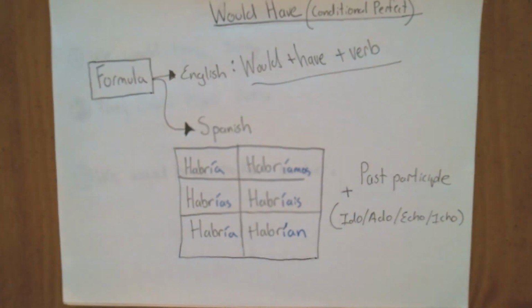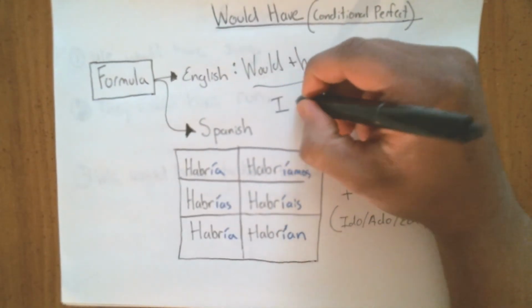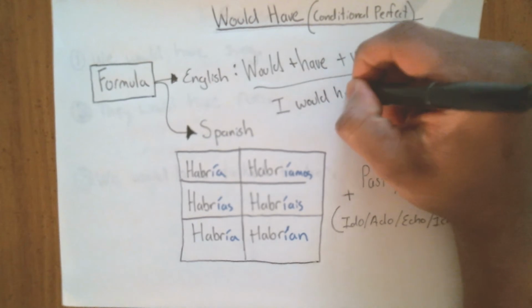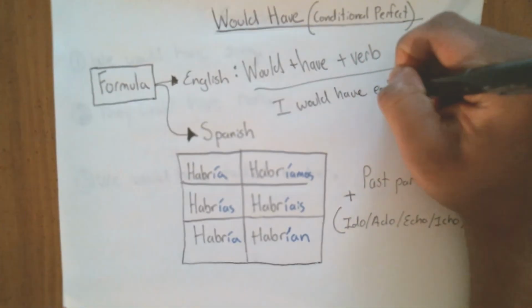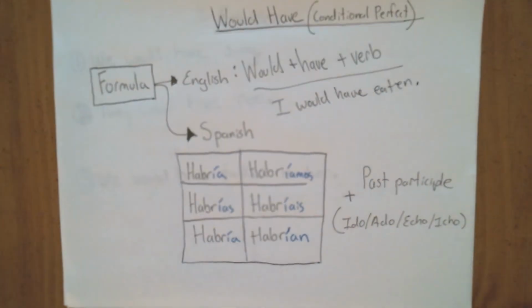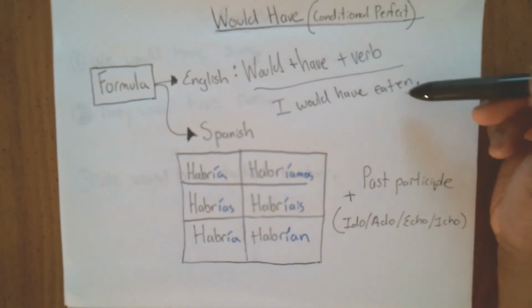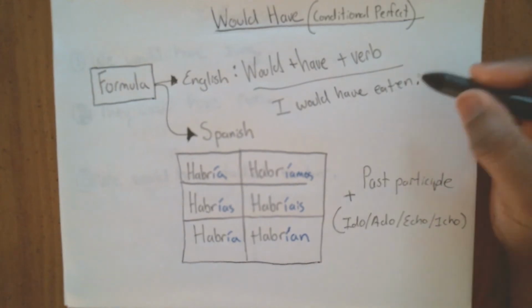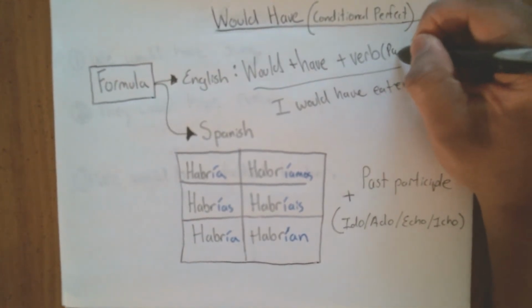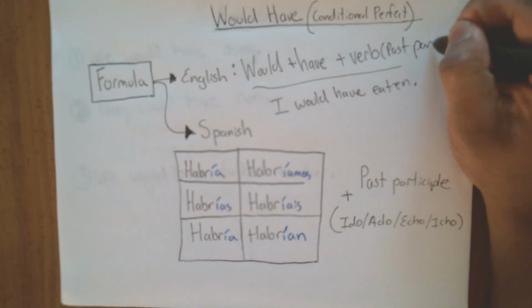Like if you say, I would have eaten. I'm using the verb eat because it's very straightforward. But you notice how this is not just eat, this is eaten. This is known as the past participle, okay?